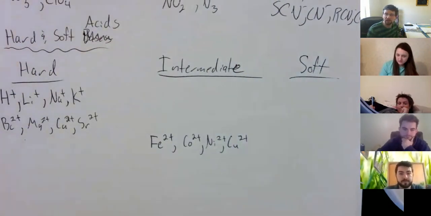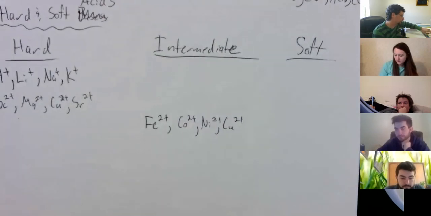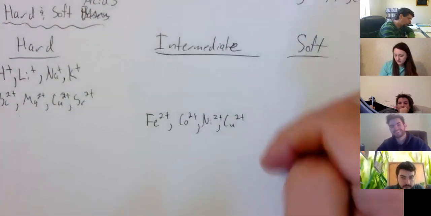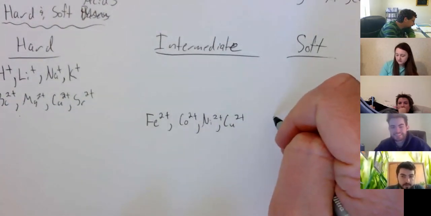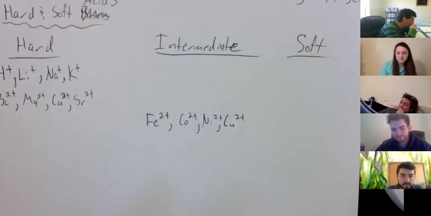If you had to think of a soft metal, could you give me an example of a soft metal? Lead. Yep, lead. Pb, 82.